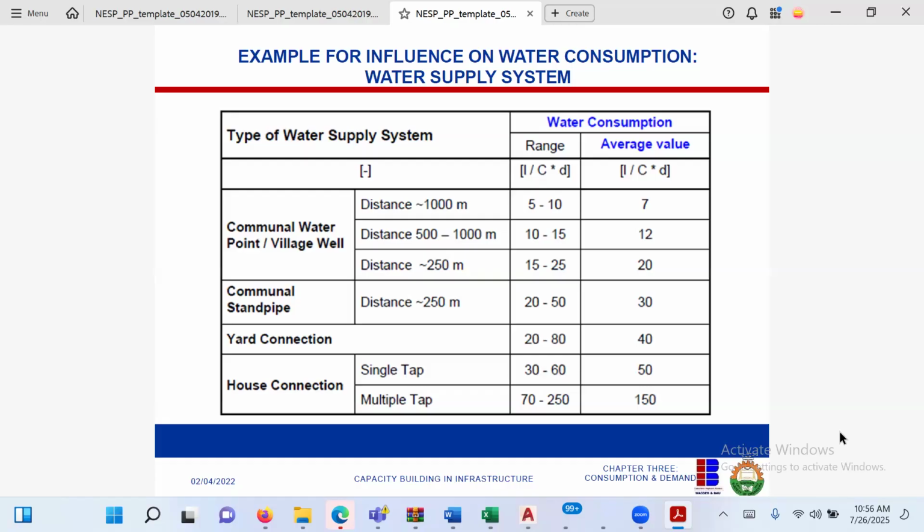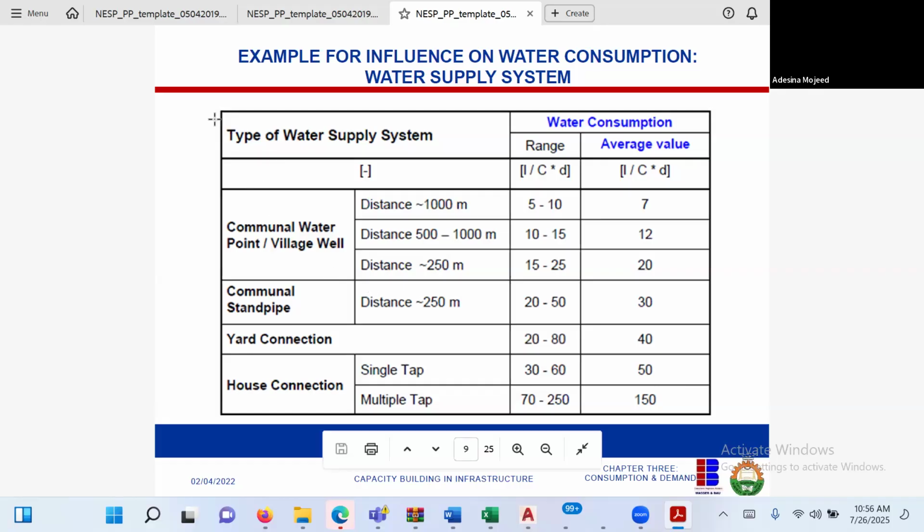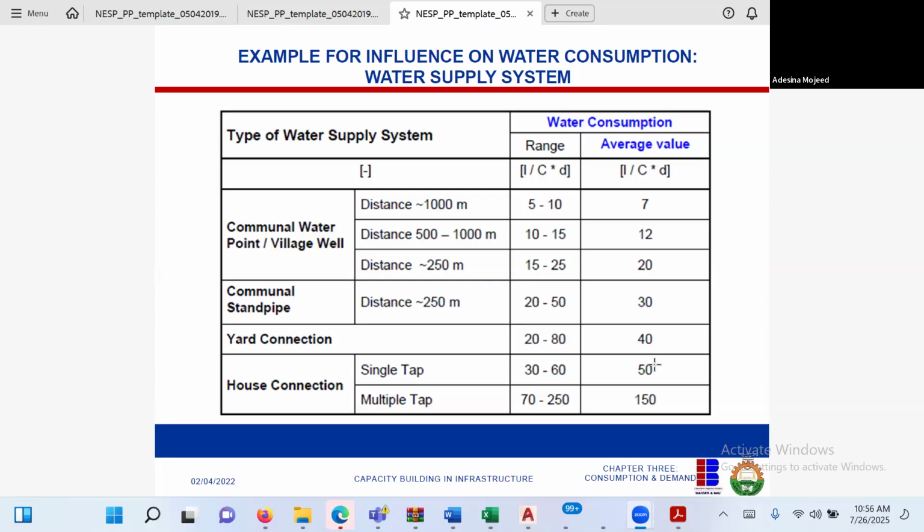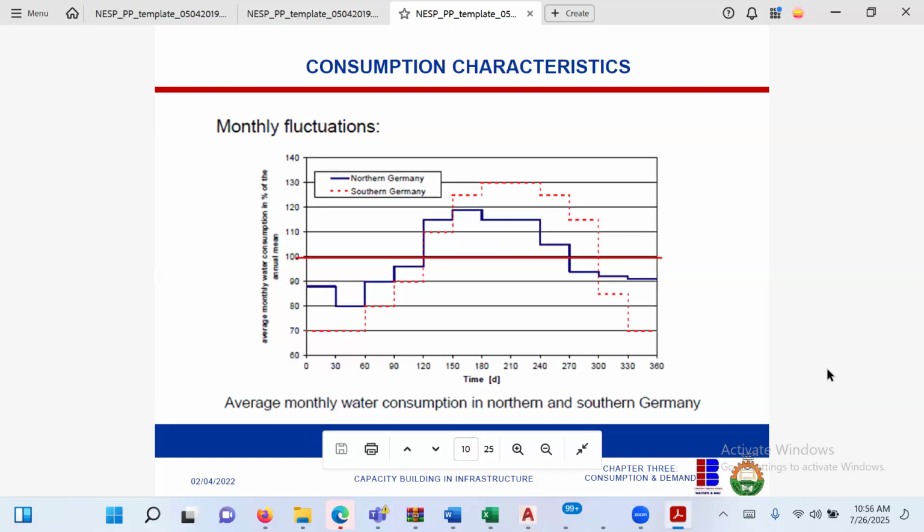We have discussed this before. We said this is something that gives you influence. So the higher the distance of water, the less people consume water. Okay, so this is what we call water consumption.